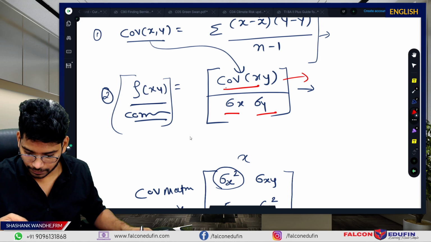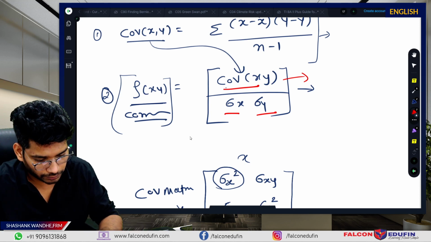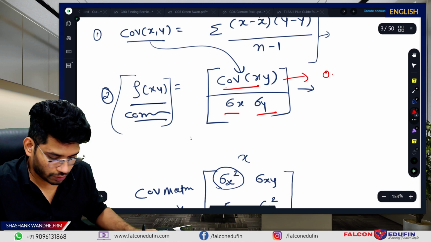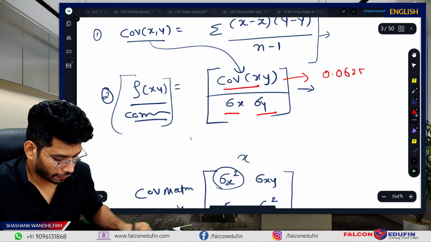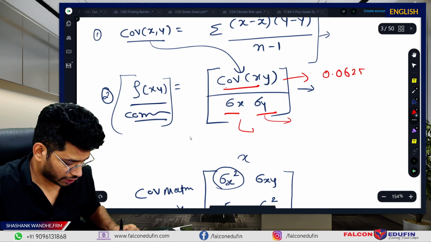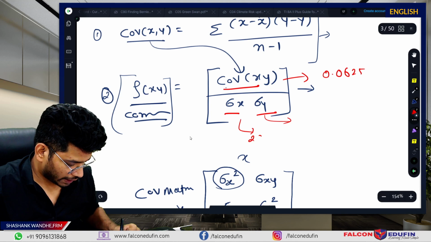So let's take covariance equal to 0.0625 and standard deviation sigma x is 26% and sigma y is 28%.